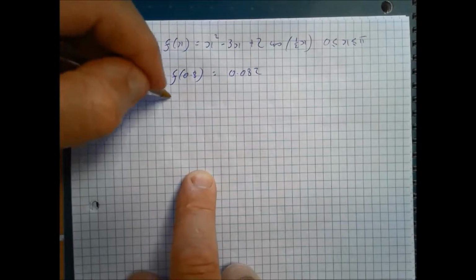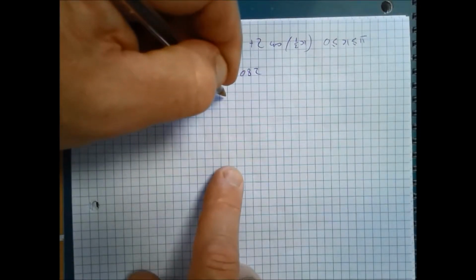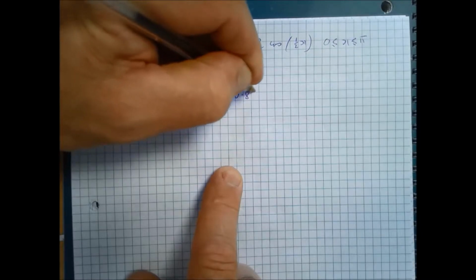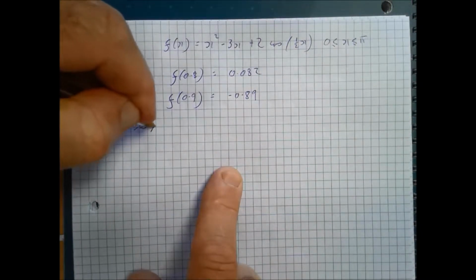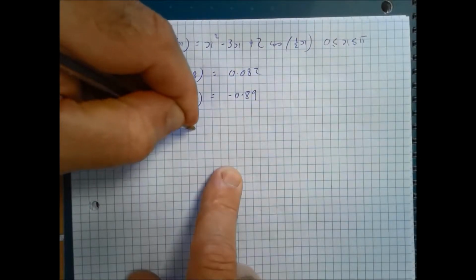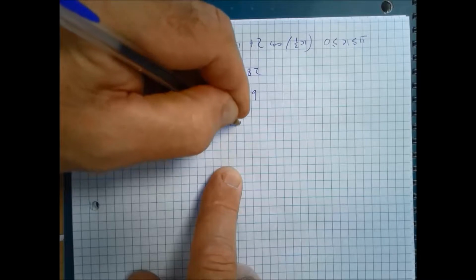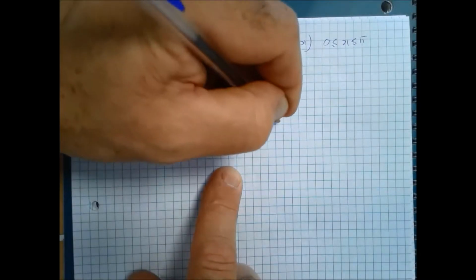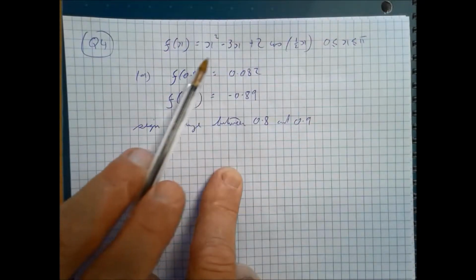If I look at f of 0.9, that is minus 0.89. Okay, so we have a sign change between 0.8 and 0.9, and also this function is a continuous function.